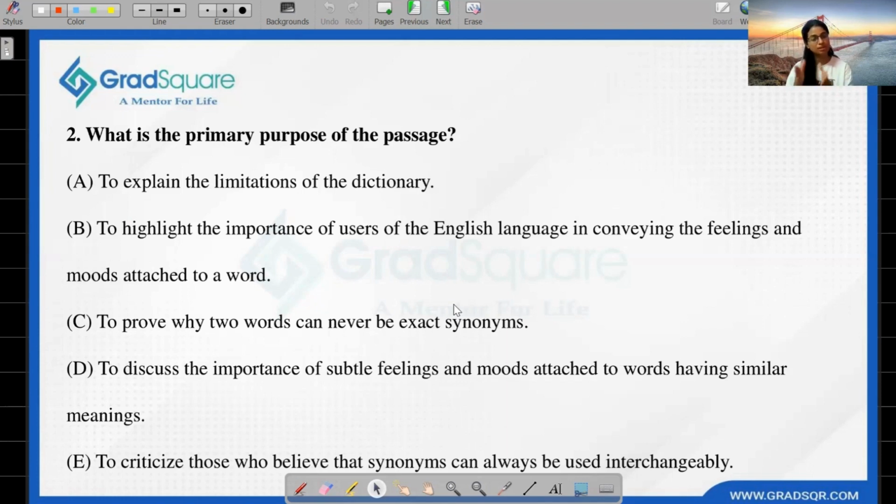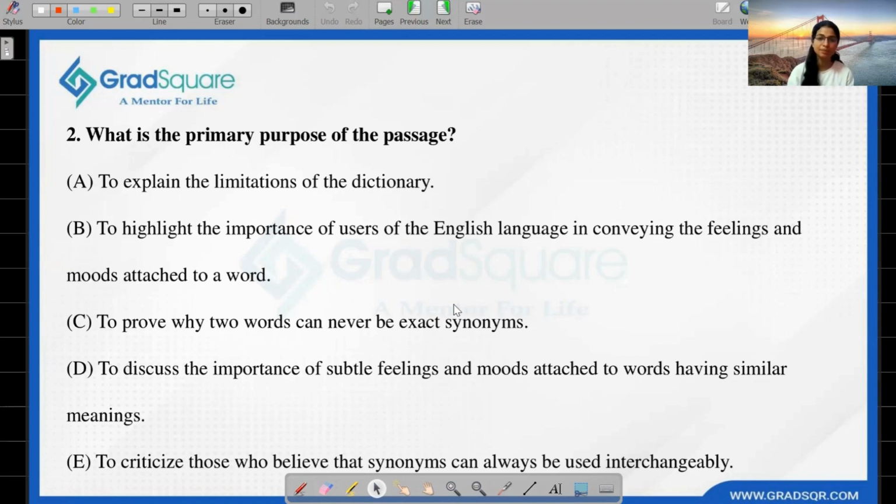So we can eliminate this option as well. Next option: to prove why two words can never be exact synonyms. The author does not prove anything in the passage. The word prove here is kind of weird and doesn't suit well. So we can eliminate option choice C as well.